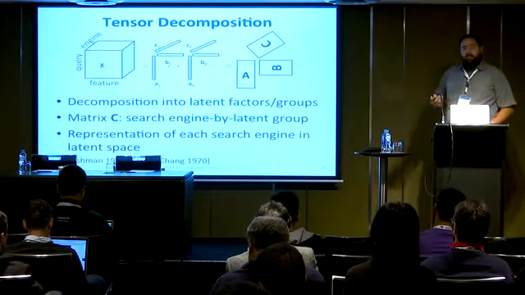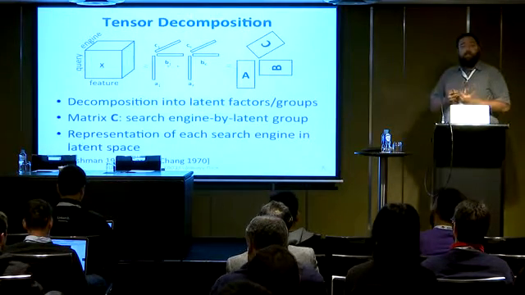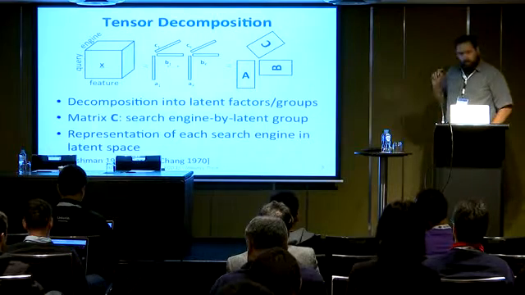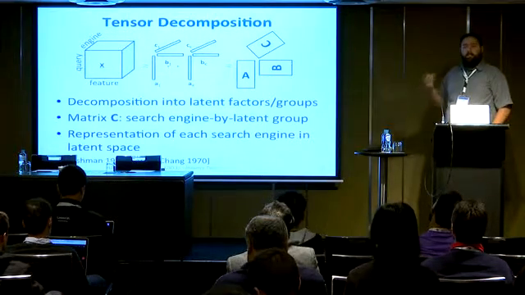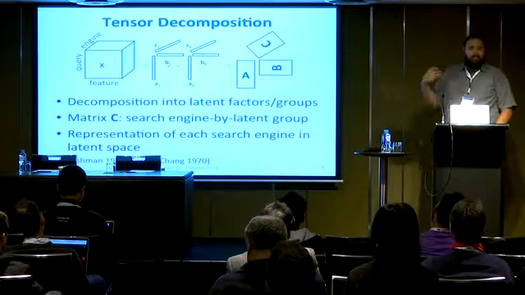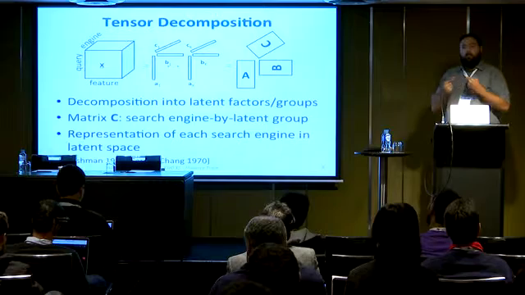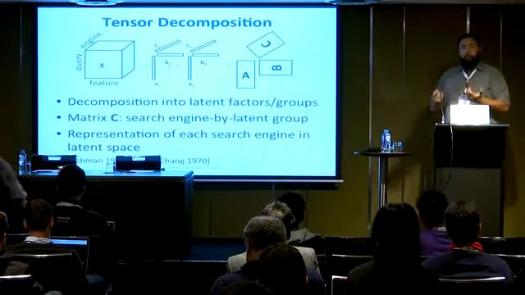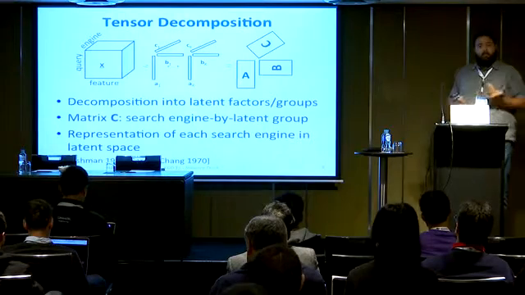And it gives us a latent embedding of queries, features, and search engines into the same latent space. We're mostly interested in the C matrix, which is the search engine by latent cluster matrix, because this tells us how these search engines cluster into these latent topics. And so we're going to take this matrix and we're going to visualize it.